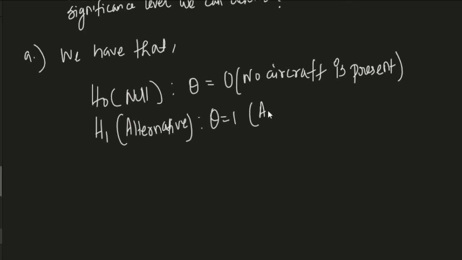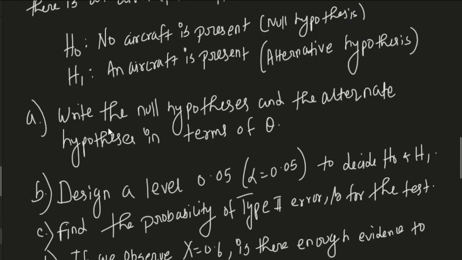That is, aircraft is present. Okay. Now to decide between H0 and H1, we look at the observed data, obviously, and this observed data tells us if we can differentiate between H0 and H1. That completes part 1. Let's now go for B: design a level 0.05 test to decide between H0 and H1.